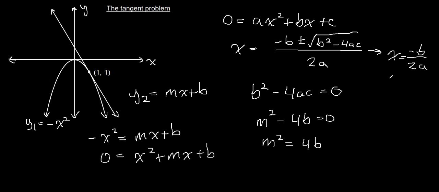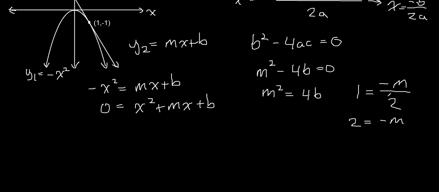So you know that your x, which is just 1, equals negative b, where b is the coefficient in front of your x term, so negative m over 2a, 2 times 1. So your slope is, if you multiply both sides by 2, 2 equals negative m, or m equals negative 2.